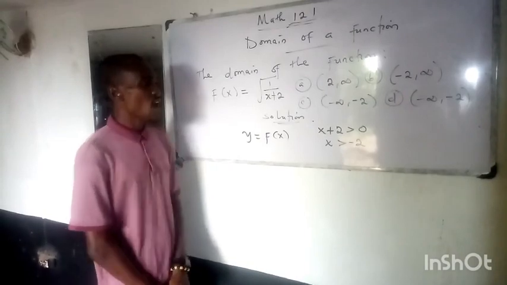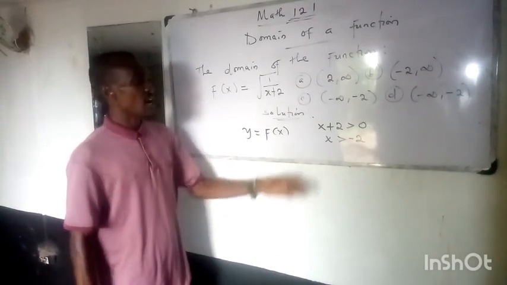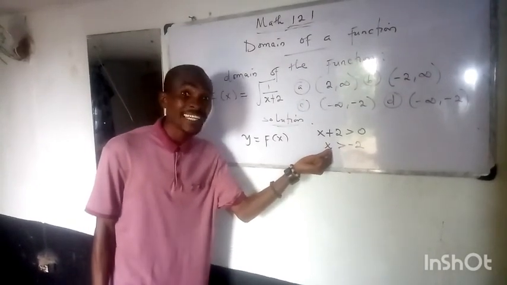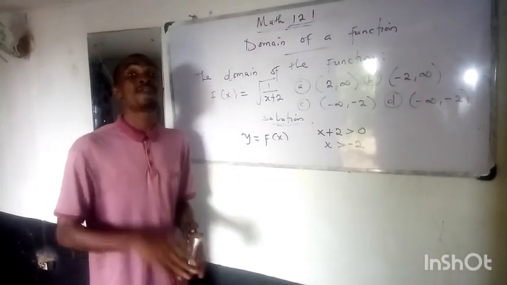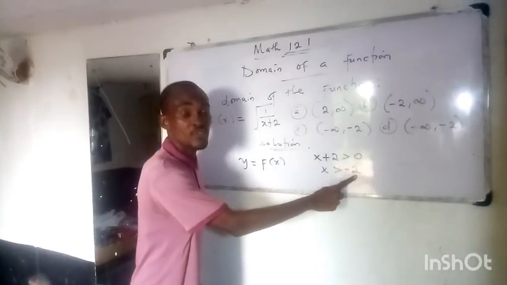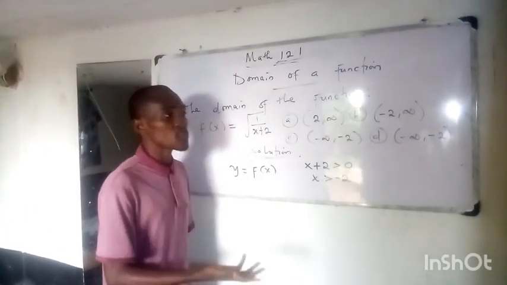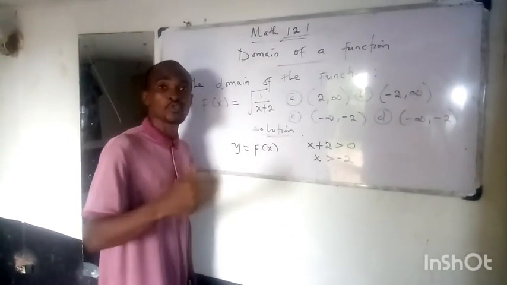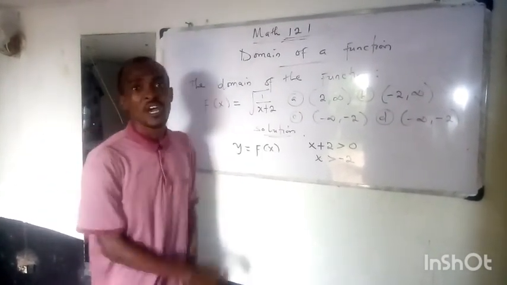So we have here that the values of the domain, which is x, must be greater than minus 2. So we can have minus 1, 0, 1, 2, 3, 4, 5, all the positive numbers on the number line.